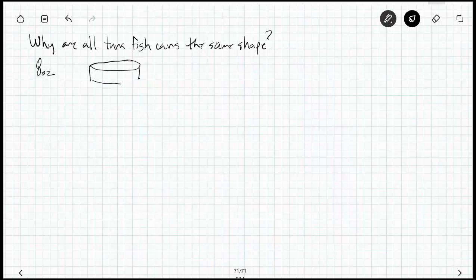And they got the little corrugation on top, and they got the little rim here and the rim here. Why are they all the same shape? Think about that. Well, it's because for an 8-ounce can of tuna fish, a manufacturer wants to minimize cost. But what is cost? Cost is a function of surface area.